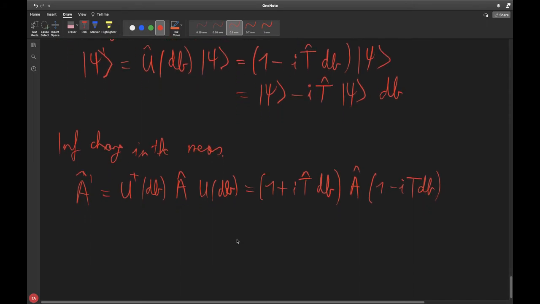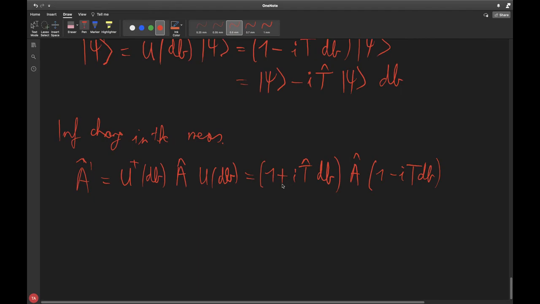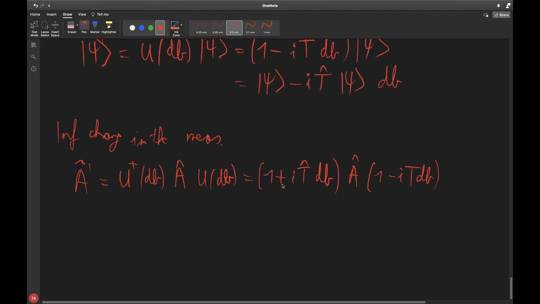After we do all the multiplications, we get terms like a times t minus t times a. So we will introduce something called a commutator. So this is the same as a hat plus i, and the notation for the commutator is this bracket, t comma a hat, bracket closed, dB.